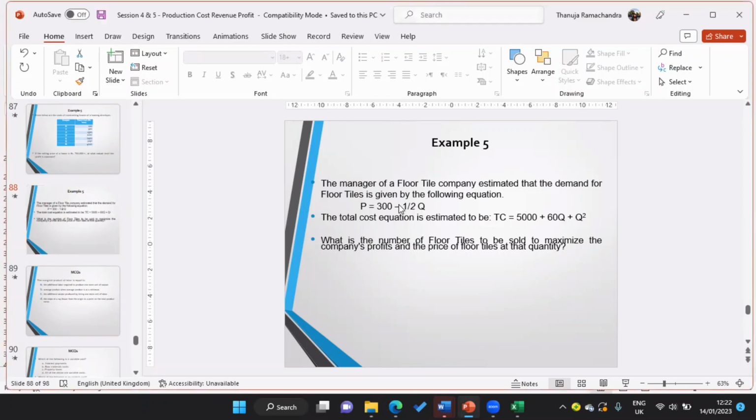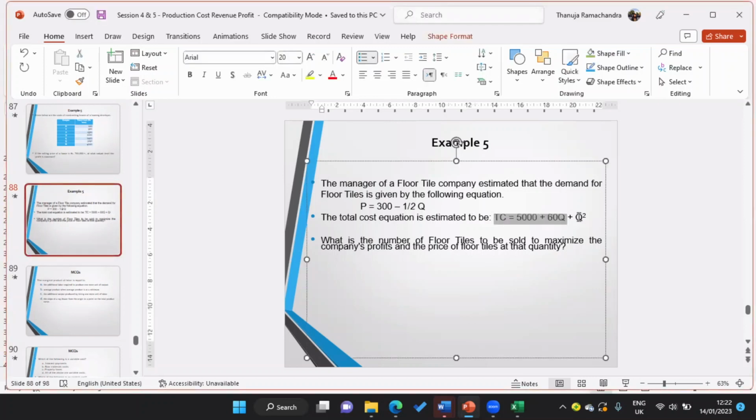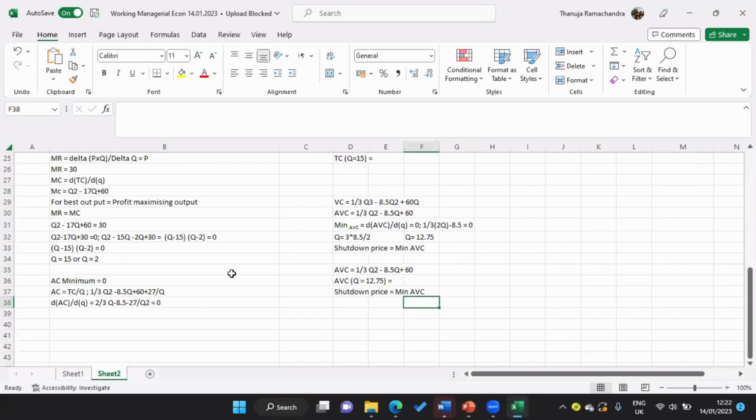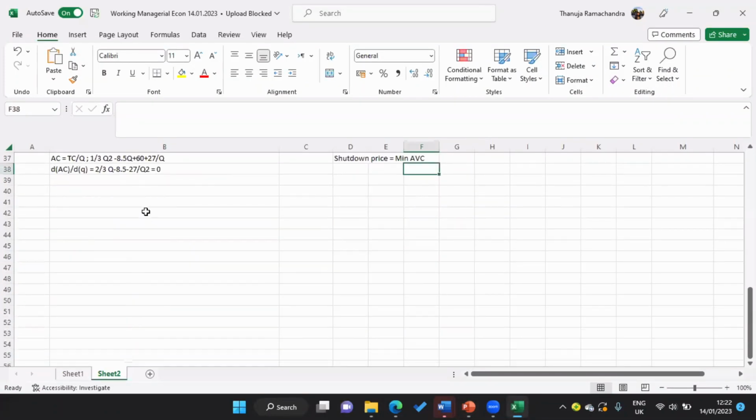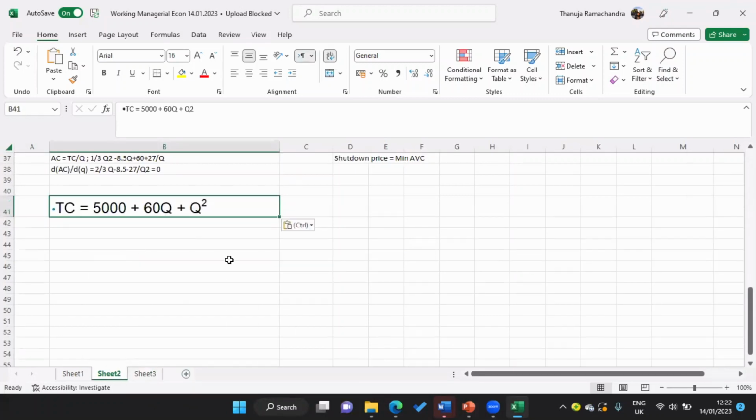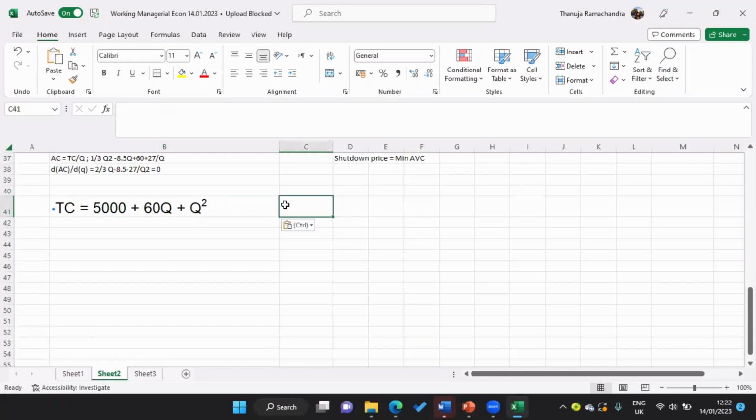This is TC. Delta TC divided by delta Q. So, we say it is the derivative.